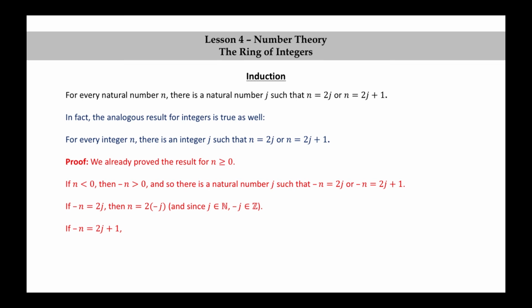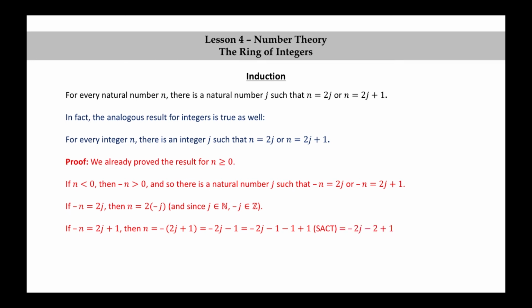Now, if negative n is 2j plus 1, then n is negative of 2j plus 1. Again, you may want to fill in these details. And that's equal to negative 2j minus 1, which is negative 2j minus 1 plus 1. Notice how I threw in what I needed and then undid it. That's the standard advanced calculus trick.